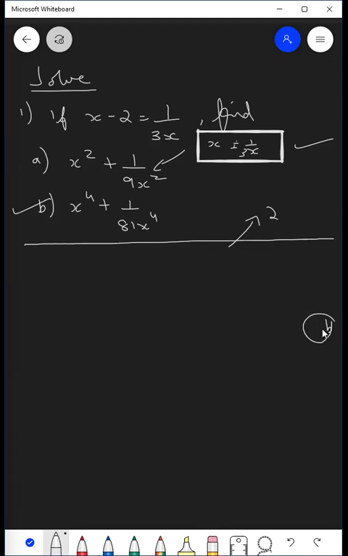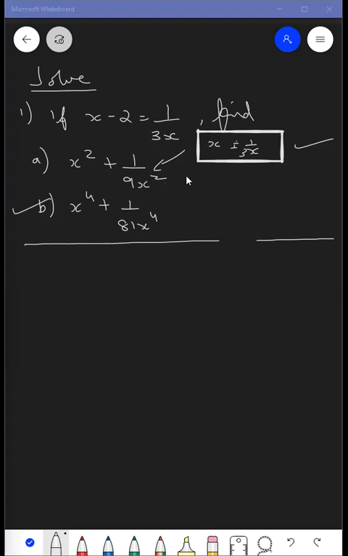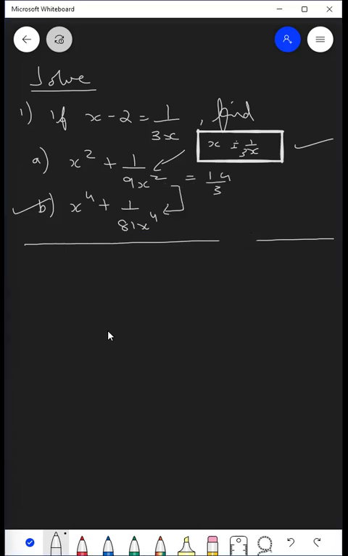Quickly solve that. We know the value of x squared plus 1 upon 9x squared. This is now equivalent to 14 by 3. Using this information, we can easily solve the second one. Quickly do it.